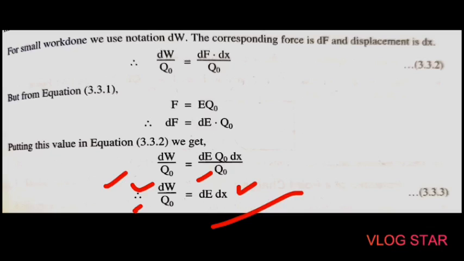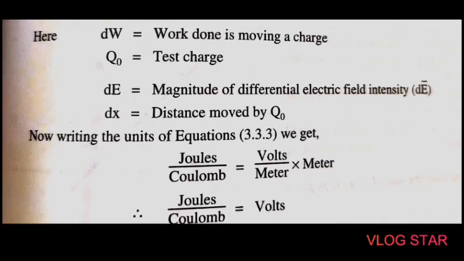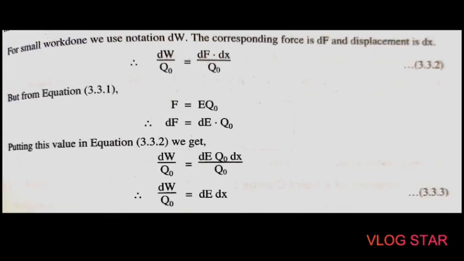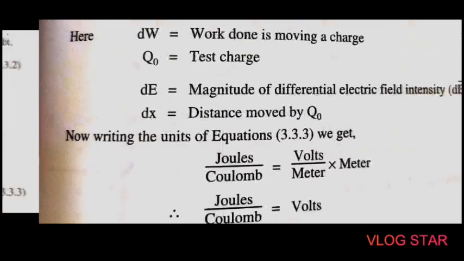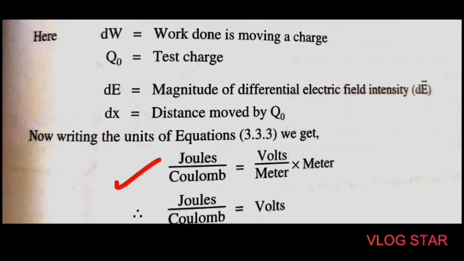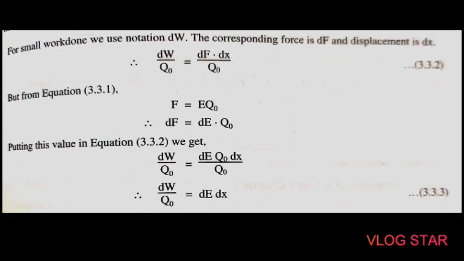Okay, then if you want to calculate the unit of this potential or this equation, then we can write dW upon Q0. We know that the unit of W is joule and the unit of Q0 is Coulomb. So we can write joule upon Coulomb is equal to the unit of dE, that is differential electric field intensity, which is volt per meter.